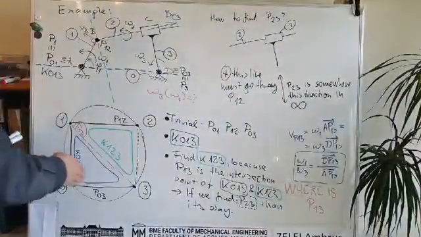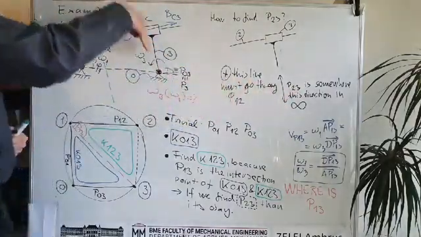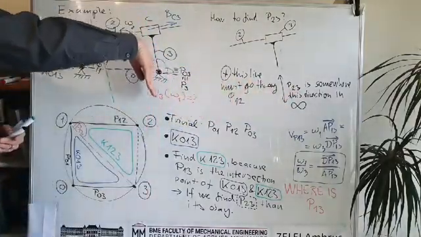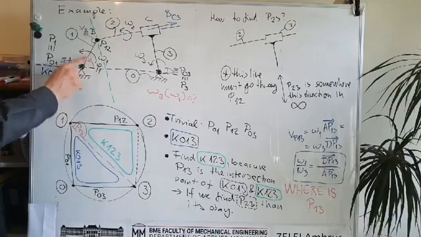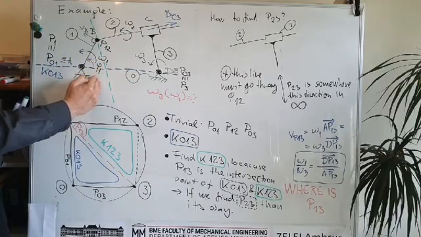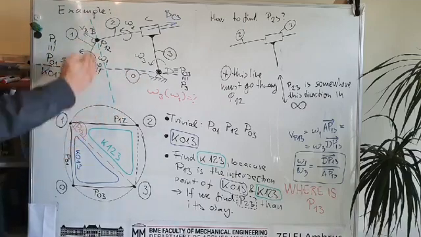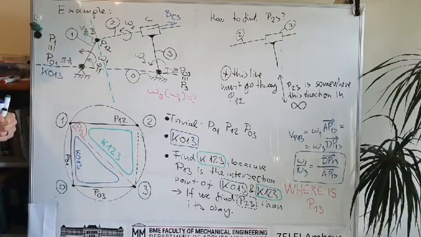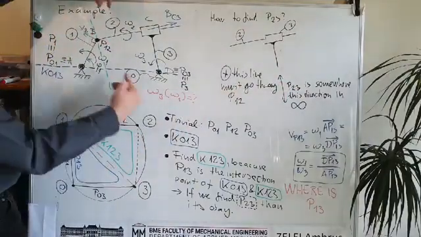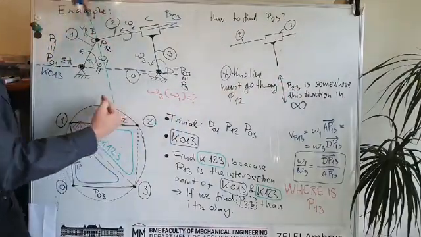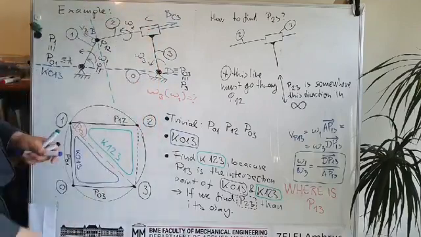So finally we found out that the Kennedy line is in this direction, because P2,3 is somewhere in the infinity down there, in this direction perpendicular to this rod. And we also know that it should be on a line which goes through this point. Putting together this information, we find out that the Kennedy line goes here, because if this point P2,3 is in the infinity, it doesn't matter if this line is here or here, because at the infinity these two parallel lines will just intersect each other.